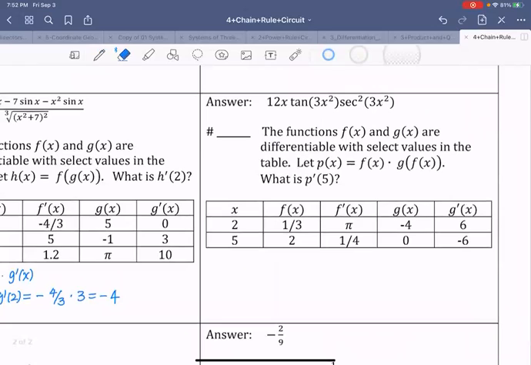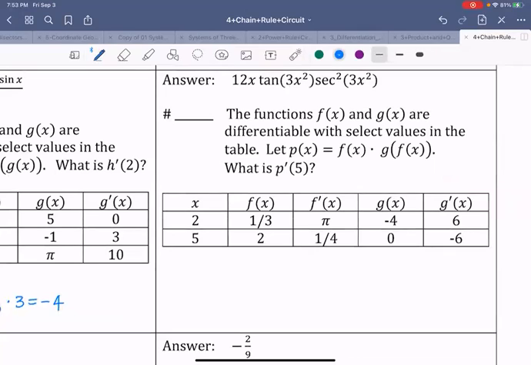Okay, now, Olivia, let's try this one. And they give an ugly one. This is the ugly one. Product rule, okay?